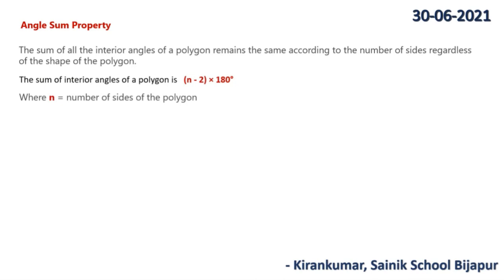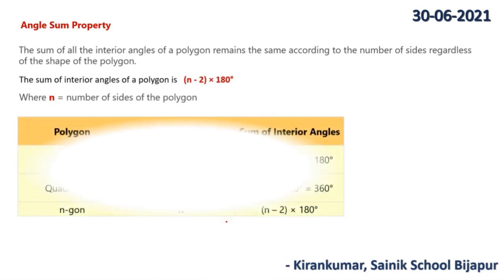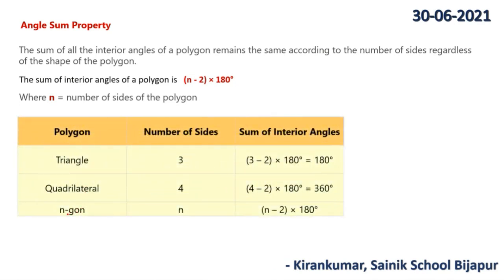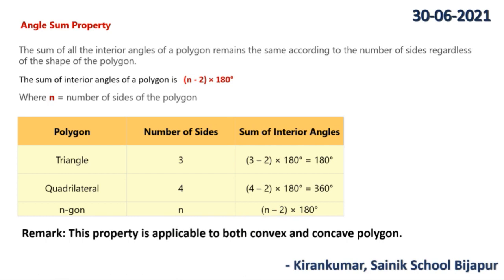For a triangle, the sum of interior angles is 180 degrees. For a quadrilateral, it is 360 degrees. In general, if n sides are there, the sum of the angles will be (n minus 2) times 180 degrees. You must note that it is applicable to both convex and concave polygons.